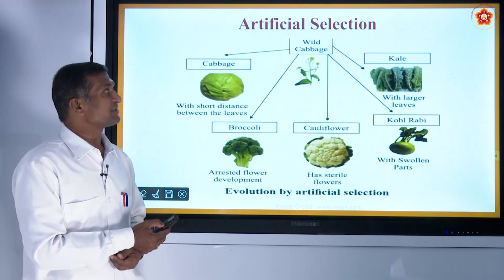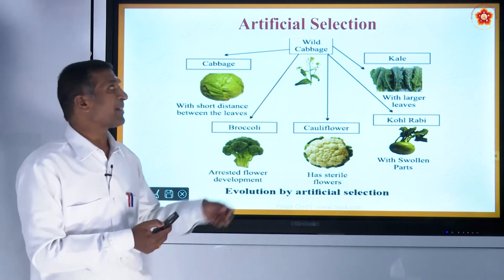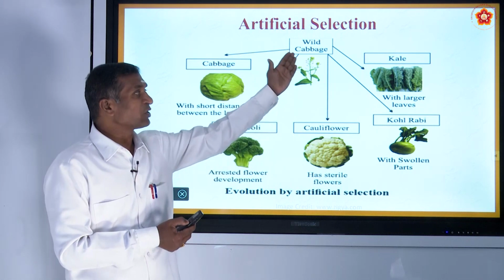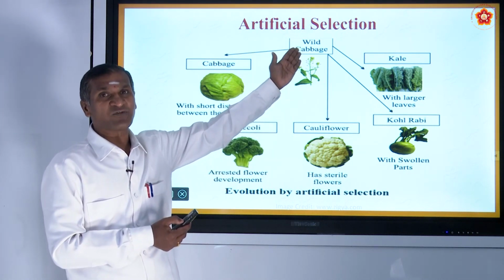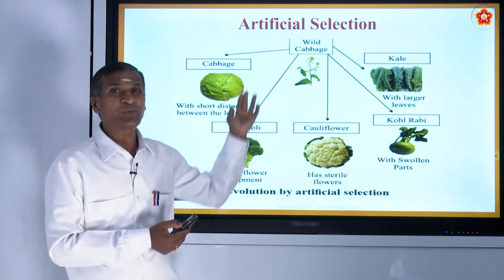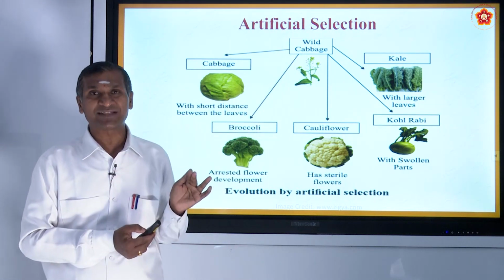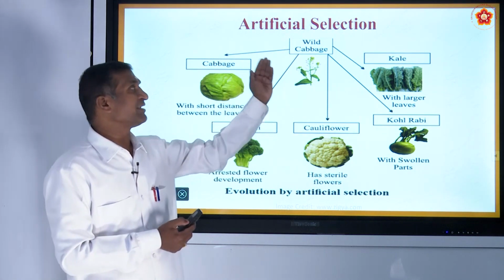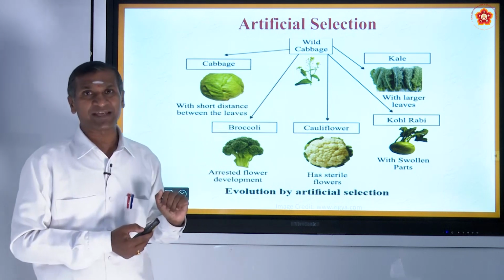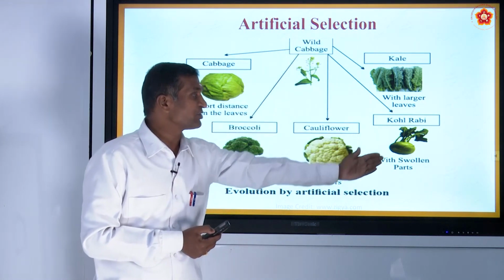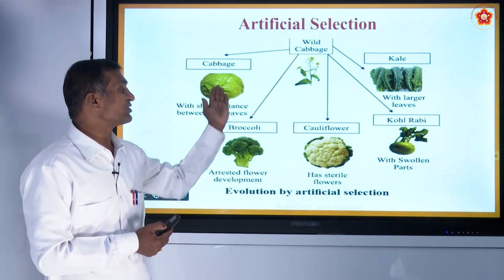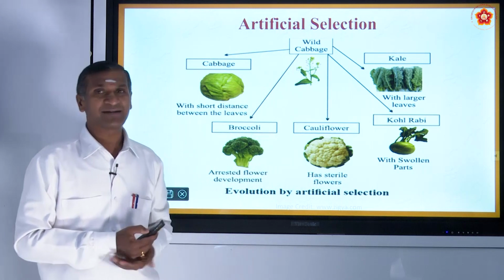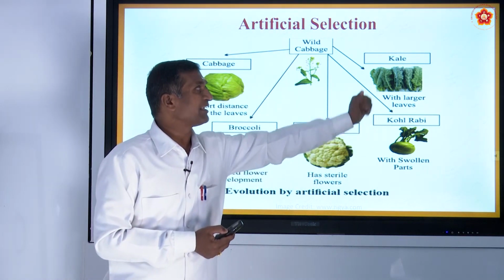This artificial selection, one example is the wild cabbage, a forest cabbage which can't be consumed. The human being, with his technology and IQ levels, applied it on wild cabbage and changed it into various forms which we consume as cabbage, broccoli, cauliflower, kohlrabi and kale.